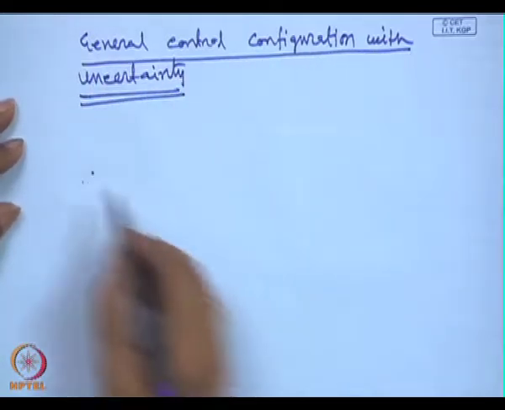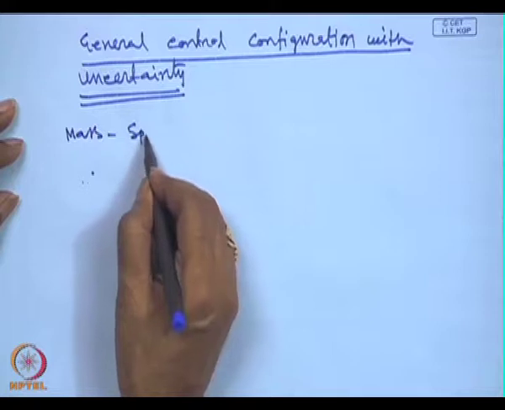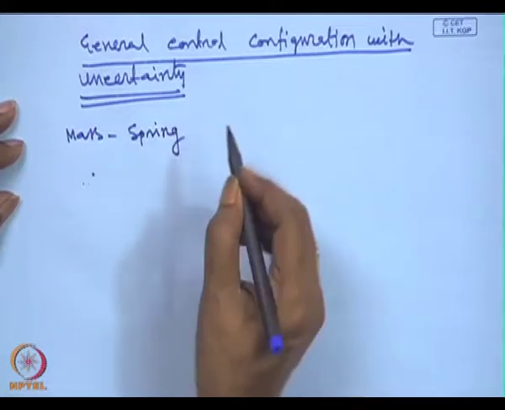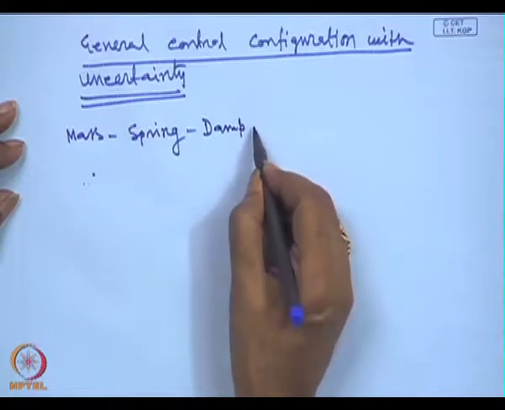So, let us take a simple example, a mass spring and damper system, a mechanical system.